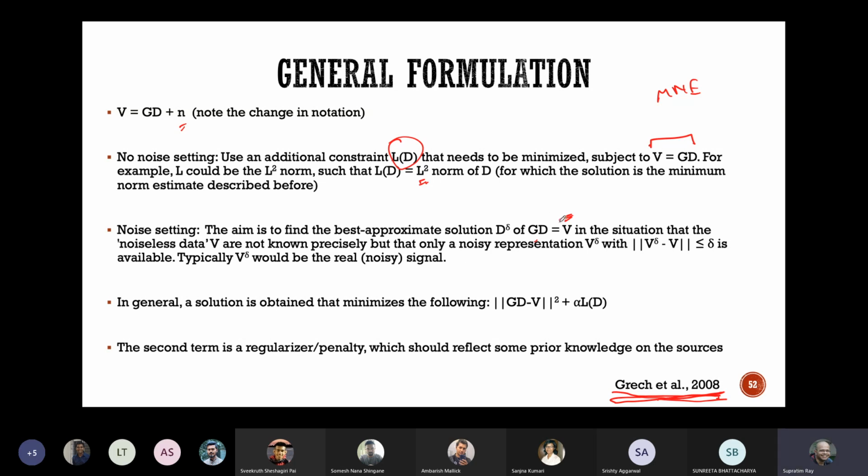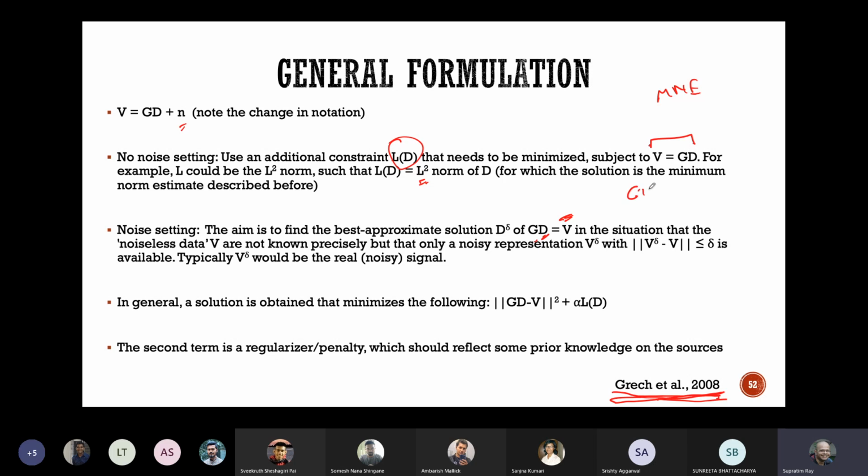So maybe if I try to get close to V, but not exactly reach V, I have a better estimate of D, which is in some ways a better approximation than what you would get if you try to solve it completely.